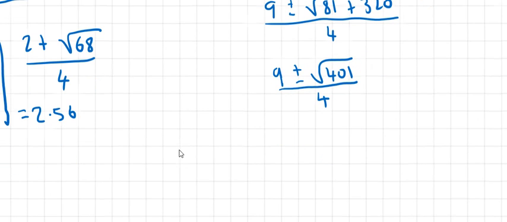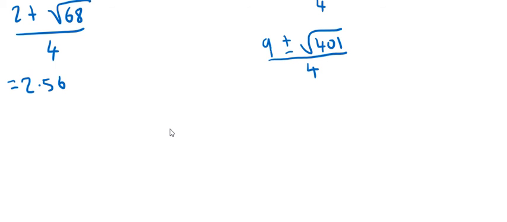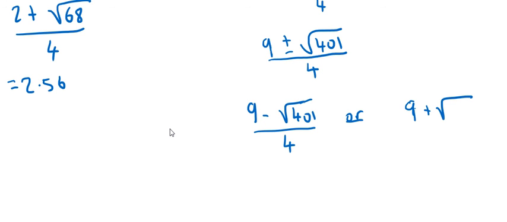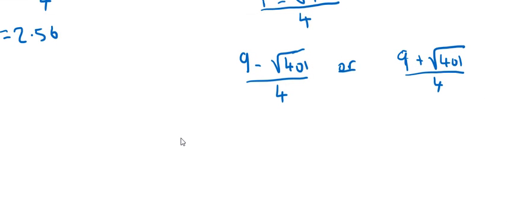Now again, I'm going to split it up into two possible solutions then, so it's either 9 minus square root of 401 over 4, or 9 plus square root of 401 over 4. So that's what that plus minus thing means. Then I can just put in both things into the calculator again.